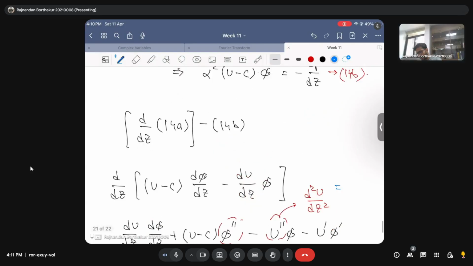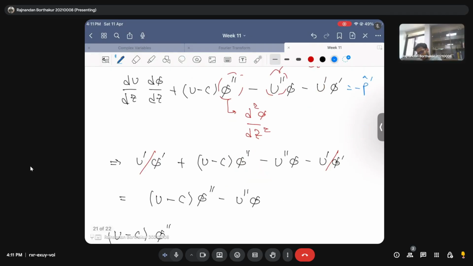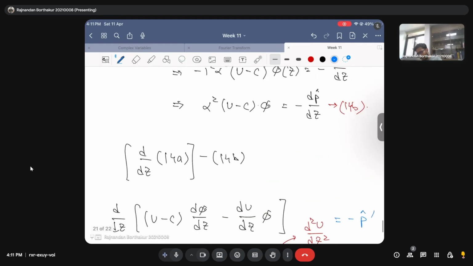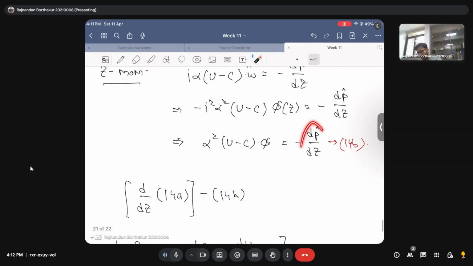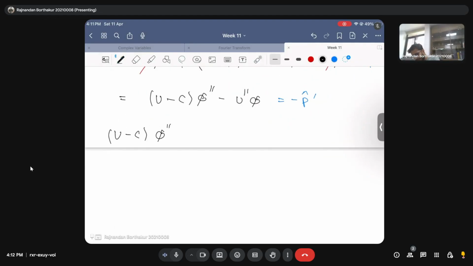So it would be minus p hat prime, and this p hat prime would get cancelled with dp hat by dz from 14b when I subtract 14b. Which means I have u minus c, phi double prime, minus u double prime phi.